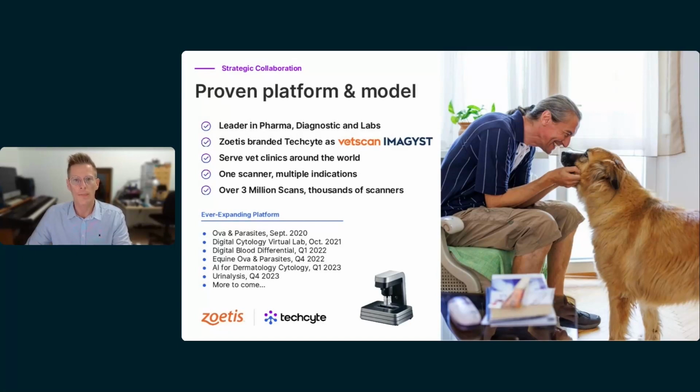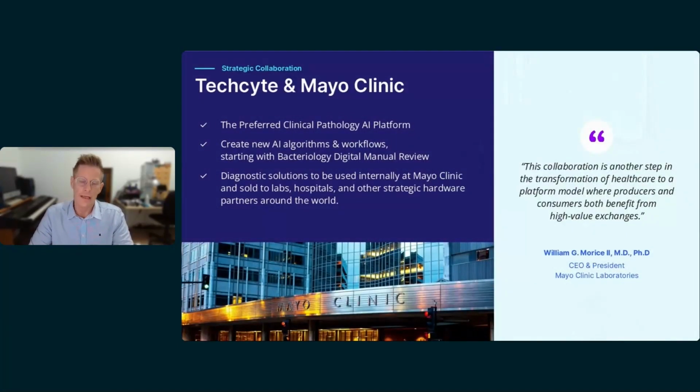Now, there's another important announcement that we made earlier this year, and that's our collaboration with Mayo Clinic. Mayo Clinic, after quite some time of due diligence and validating various solutions, chose TechSite to be their preferred clinical pathology AI platform.